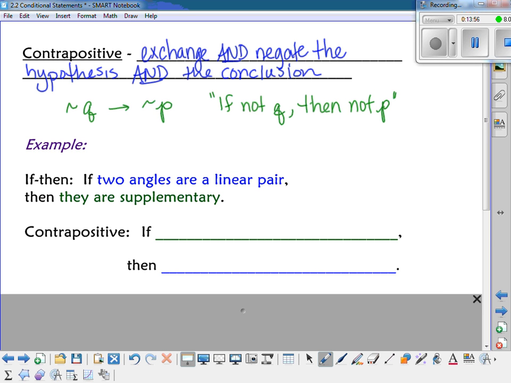All right, so for example, if we're given the if-then statement, if two angles are a linear pair, then they are supplementary, we are going to switch them and negate them.